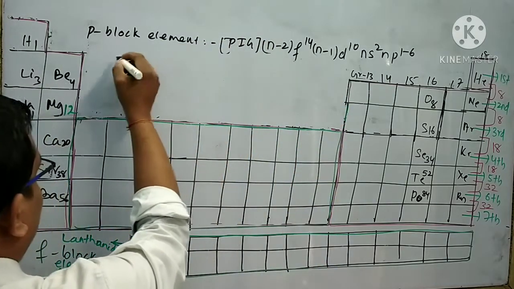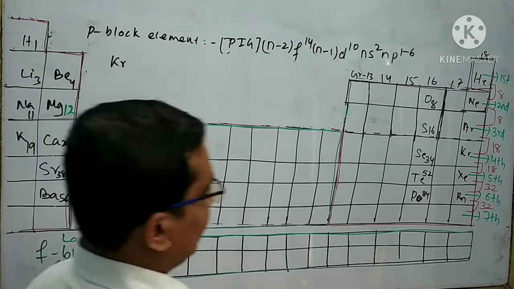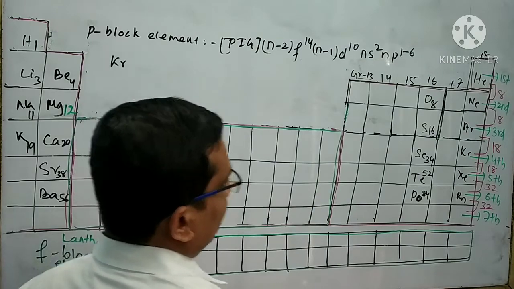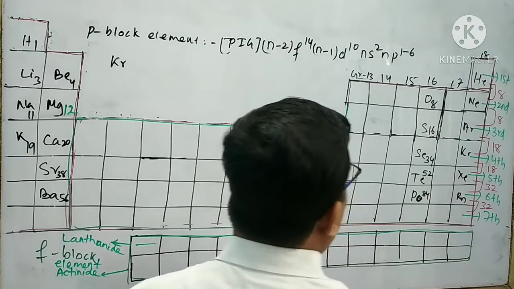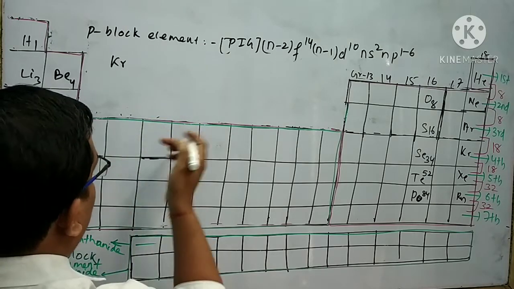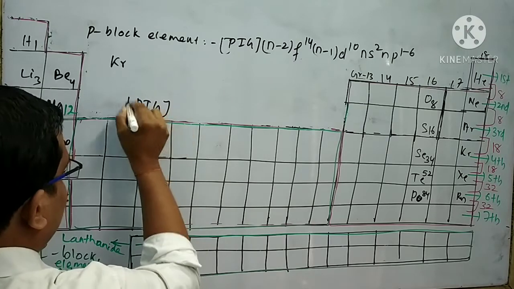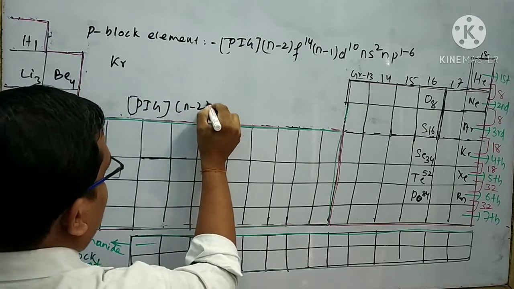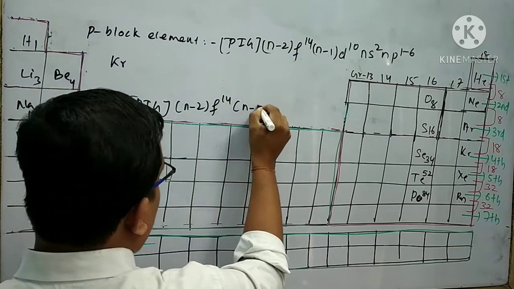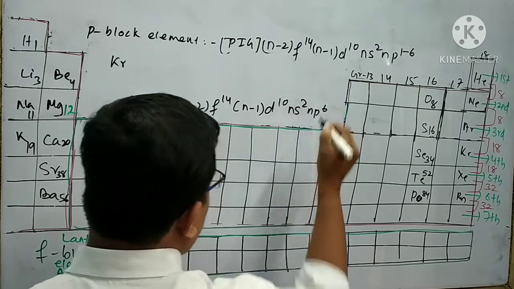Suppose I want to write the electronic configuration of krypton. What will be the electronic configuration of krypton? Krypton belongs to group number 18. The general electronic configuration of group 18 is previous inert gas (n-2)f14 (n-1)d10 ns2 np6.